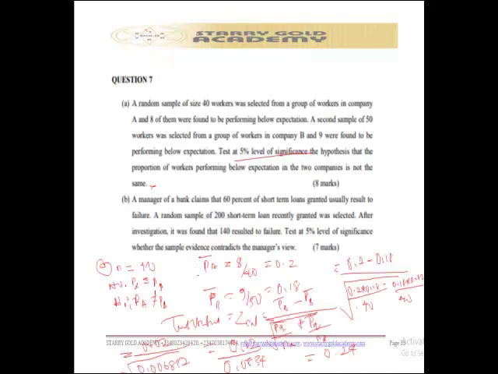Then our Z tab is equal to Z of significance level 0.05 divided by 2, that's Z 0.025, which is equal to plus or minus 1.96.